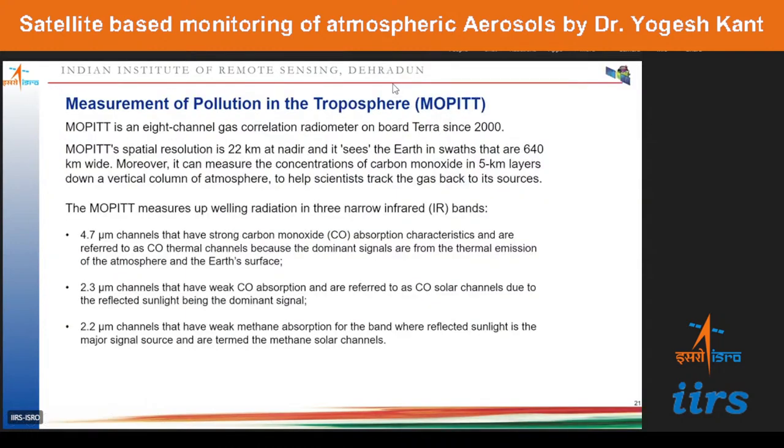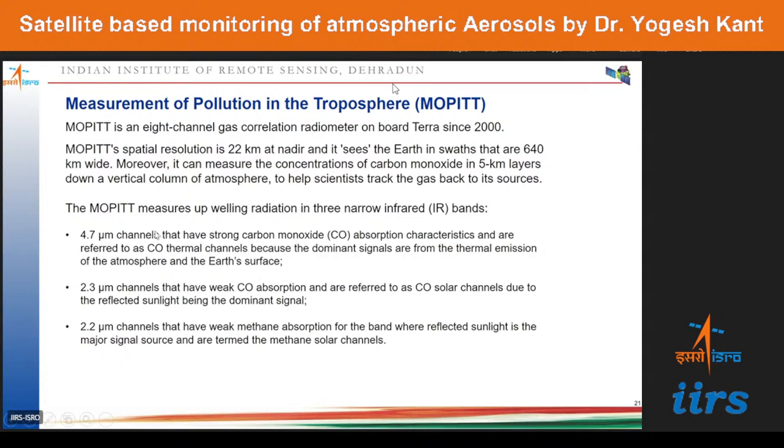MOPITT, Measurements of Pollution in the Troposphere. MOPITT is an 8-channel gas correlation radiometer, and it basically measures carbon monoxide and methane, which are trace gases in the atmosphere.